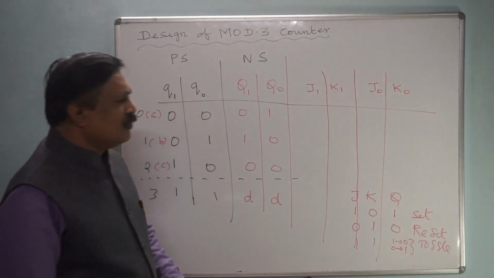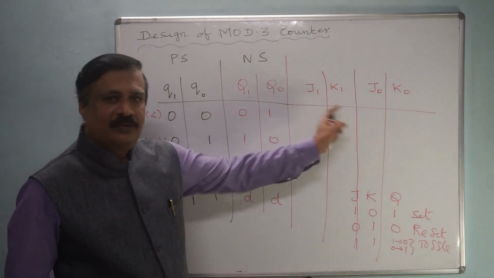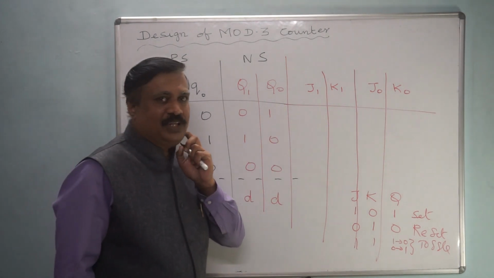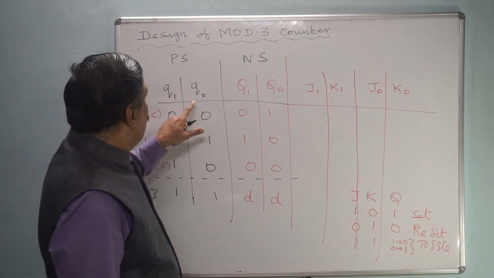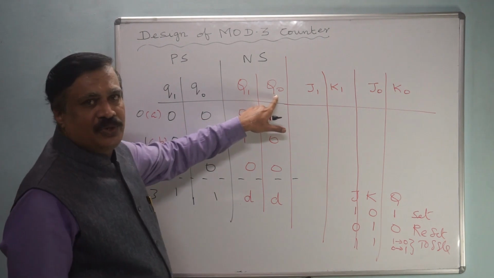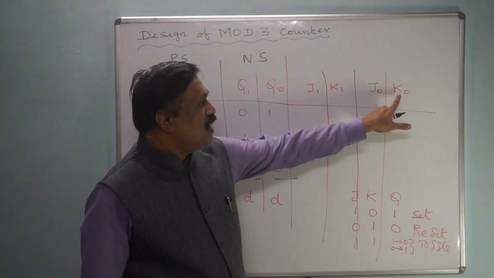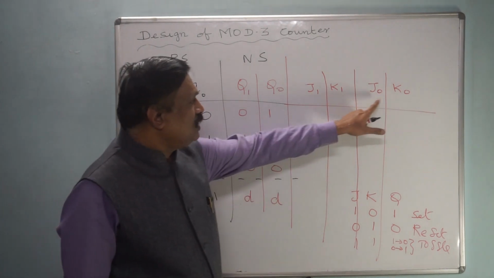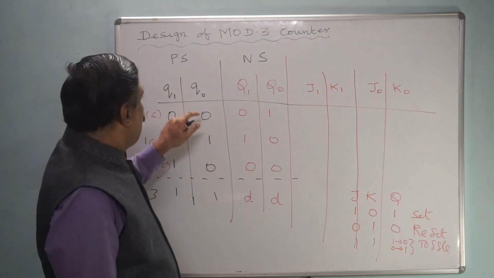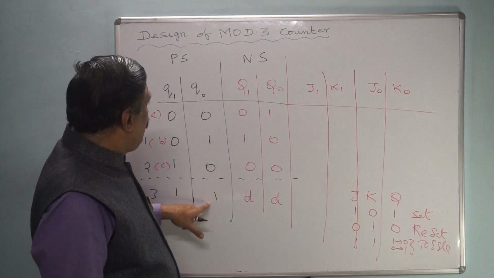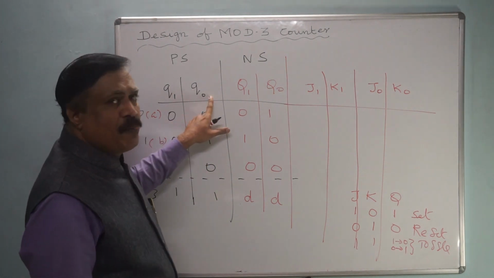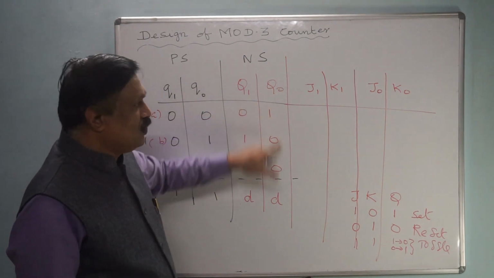Now what to do? How to prepare the excitation table for this? Just compare Q0 present state and Q0 next state, because we are going to use J0 and K0 only.